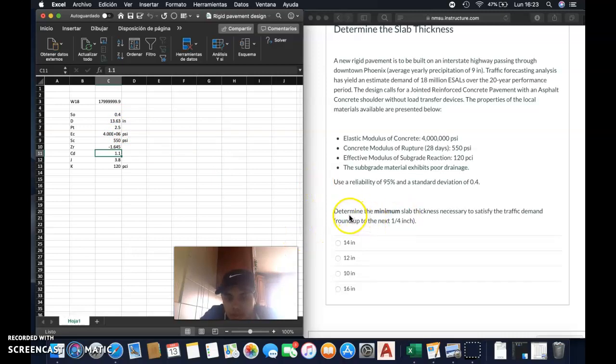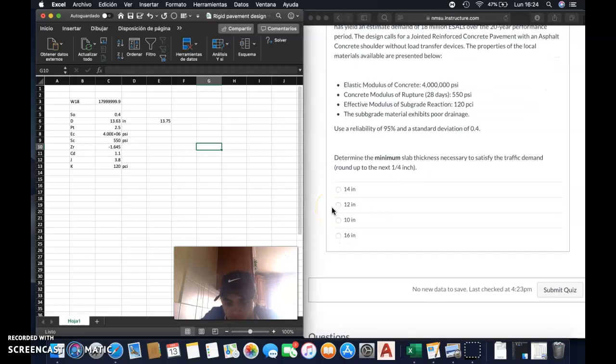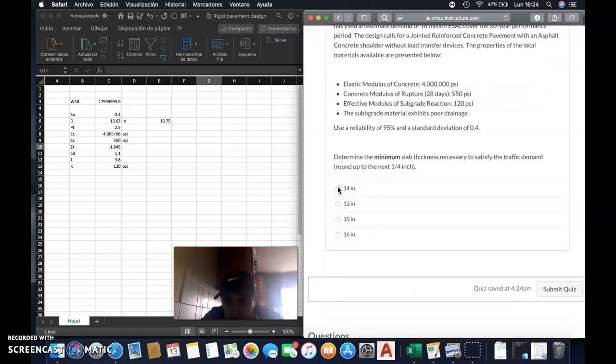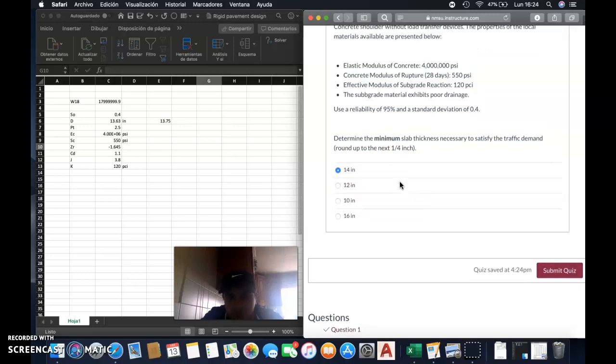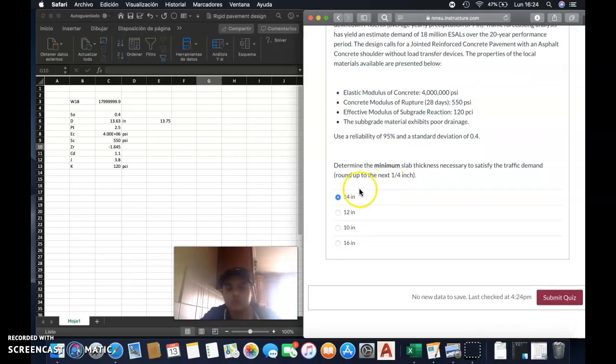The problem says that we have to determine the minimum slab thickness necessary to satisfy the traffic demand, rounded up to the next required inch. That is 10.75. Then the value closest to this is 14 inches.